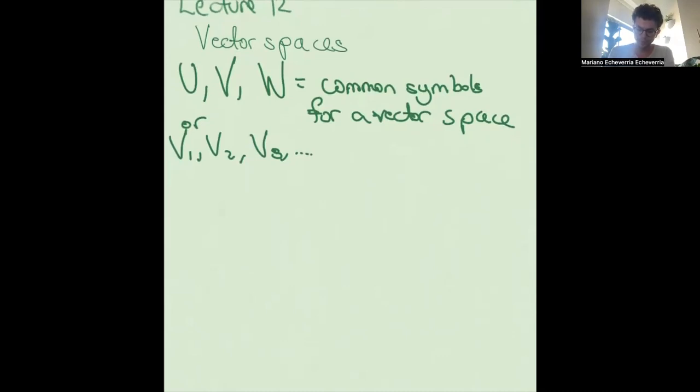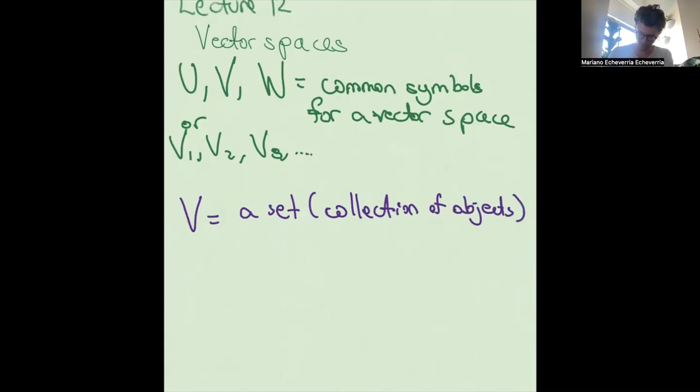But the idea of a vector space in general is that it is defined by some conditions or equations. It's what you usually call a set. If you haven't seen what sets are, it's just a collection of objects, defined by some conditions.